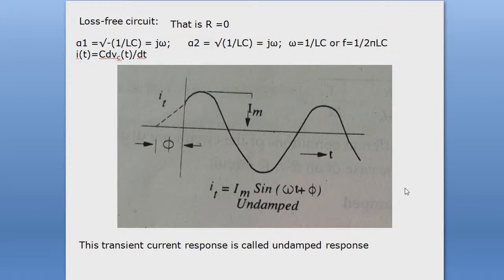So here you note that the response of this circuit, the transient response in terms of current, is actually a sinusoidal waveform, a sine waveform, varying with a frequency f equal to 1 by 2 pi root LC, and this response is known as undamped response.